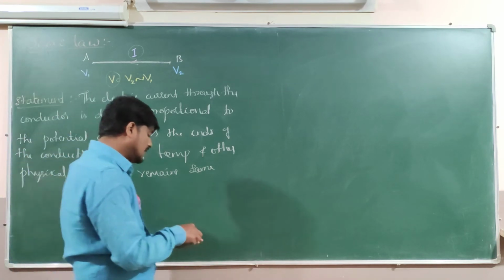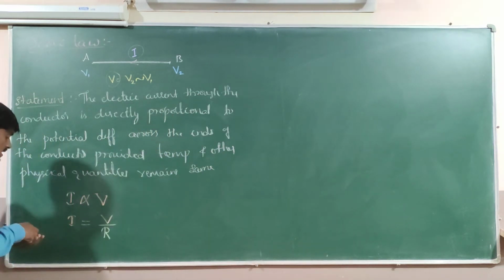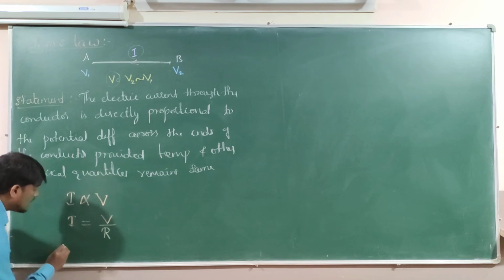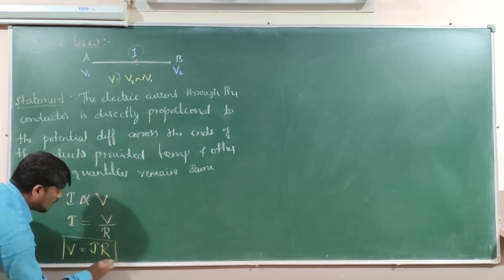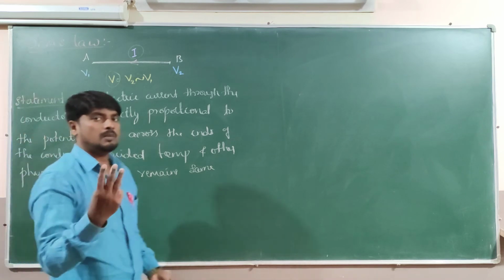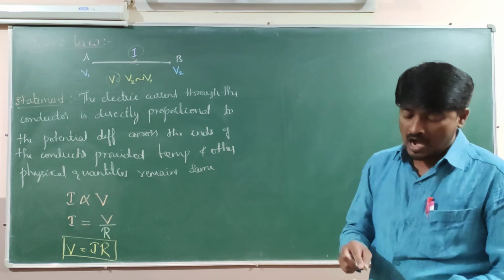So if I rewrite this equation, I'll get V is equal to IR. One more very important three-variable equation, V equal to IR. Then what is R here?